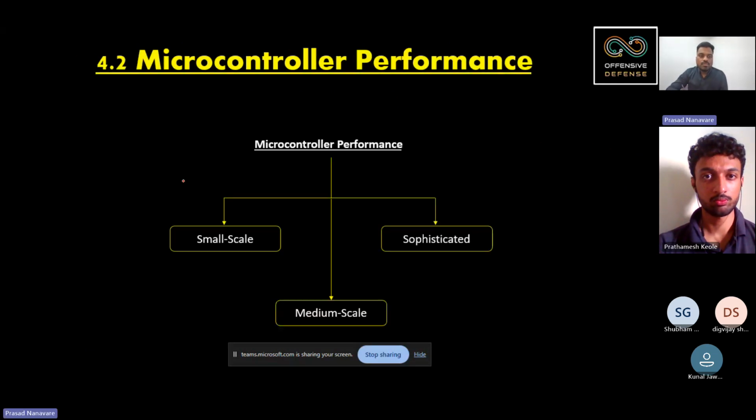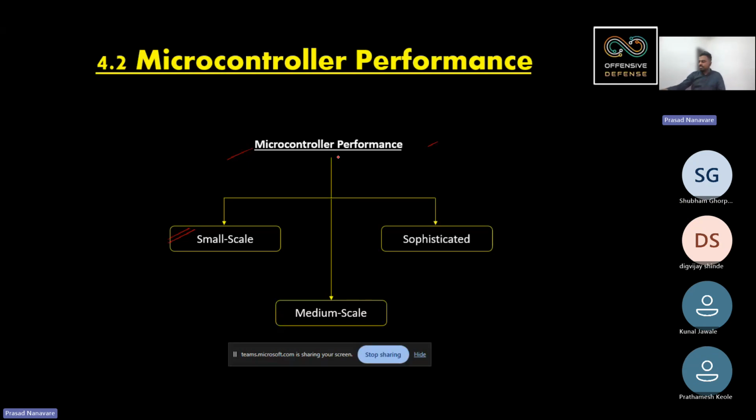We just went through it, and now we have microcontroller performance. So we spent a lot of time on these types, guys. Does anyone remember small scale, medium scale, sophisticated? How is this classified depending on microcontroller performance? If anyone remembers, tell me.